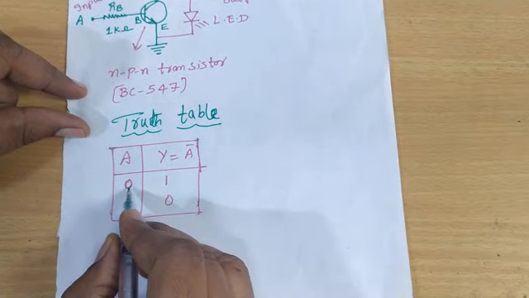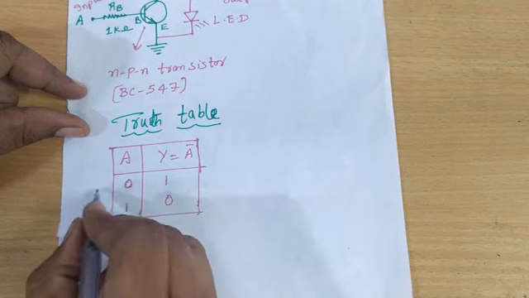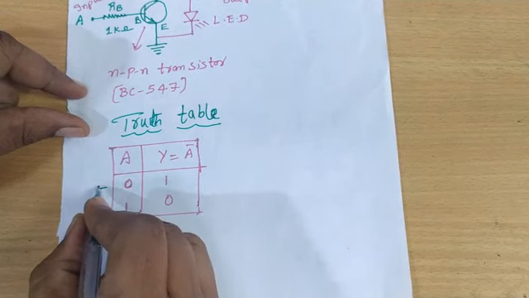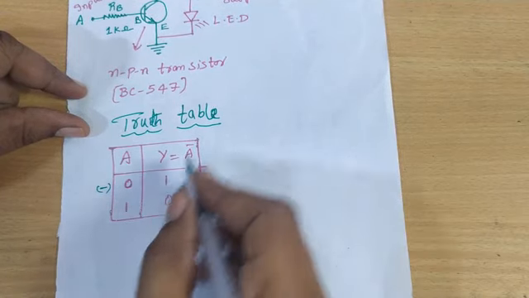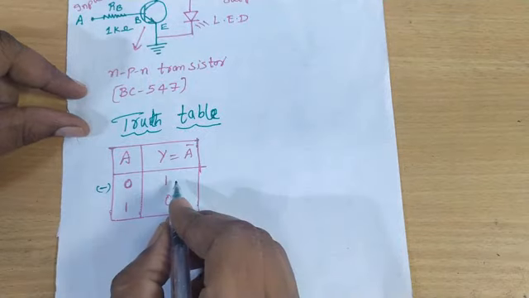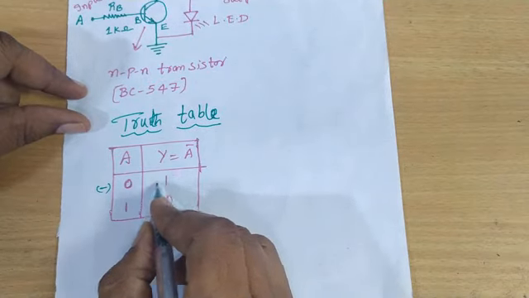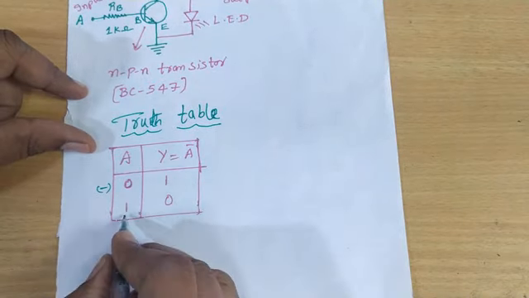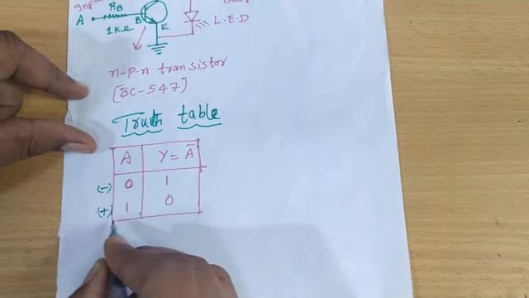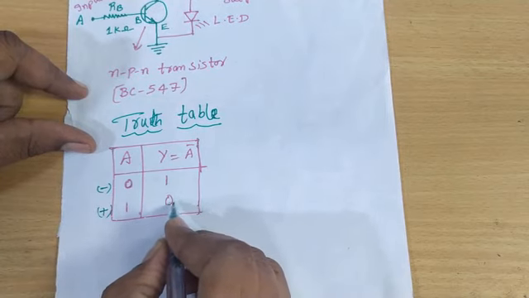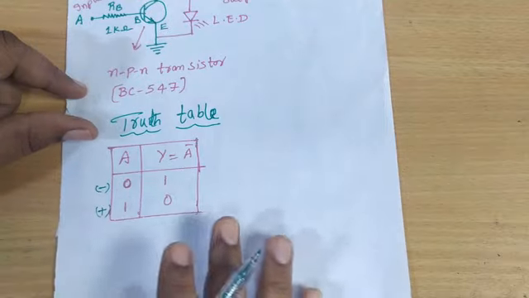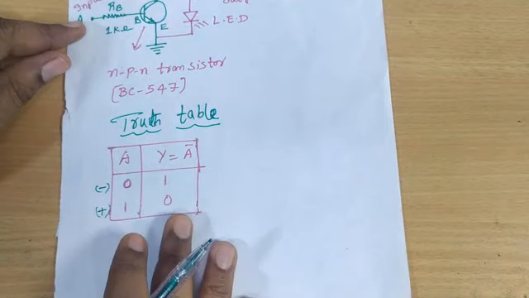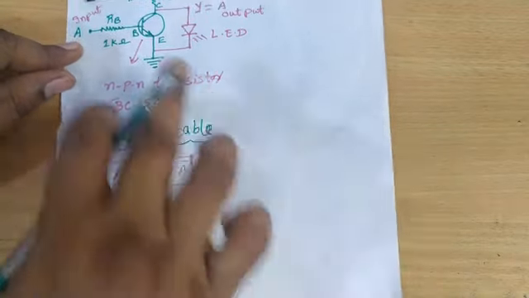If A is 0, that means A is connected to the negative terminal of the battery, so the LED glows, and we take that as 1. If A is connected to the positive terminal, the LED does not glow, so that is 0. Based on this circuit, we will write the truth table.